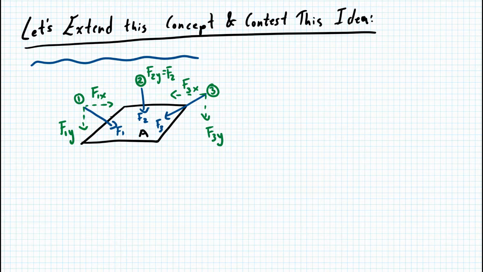We see that F1 is pretty much the weight of the fluid a little over the left edge of area A. Likewise, F3 is the weight of the fluid a little over the right edge of area A. So, if we say that F1 and F3 are equal, meaning there is an equal amount of fluid weight on the left edge and the right edge of surface area A, then we can clearly see that the horizontal components are equal to each other and they cancel each other out because they're in opposing directions.